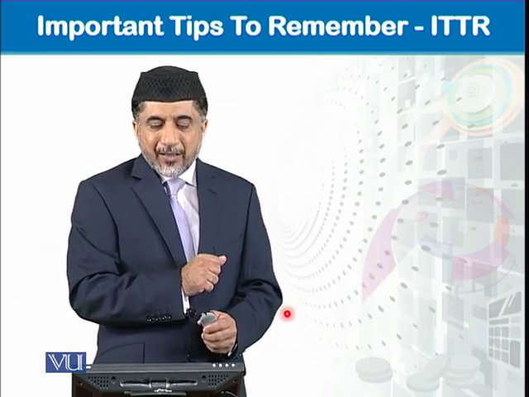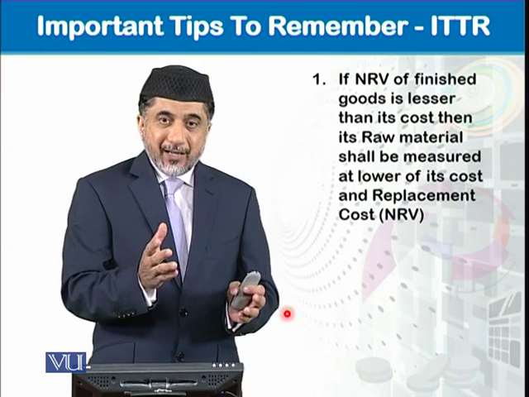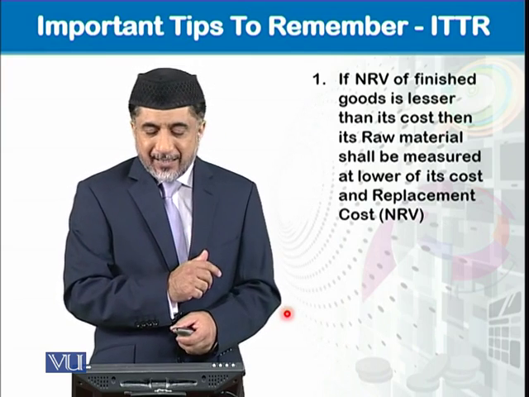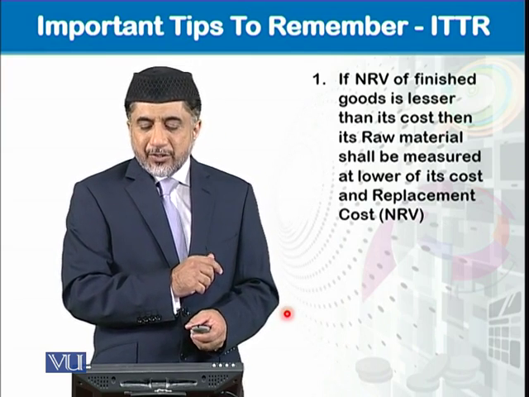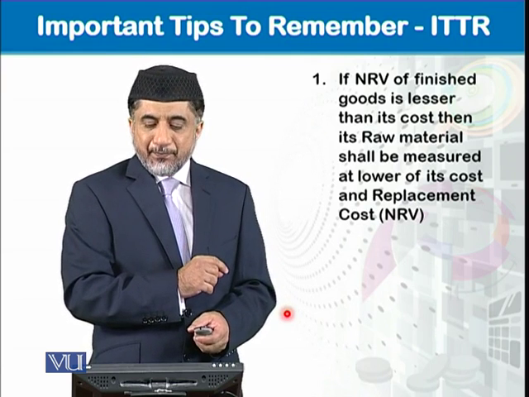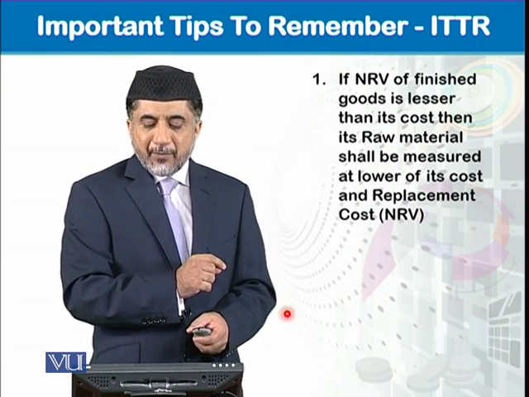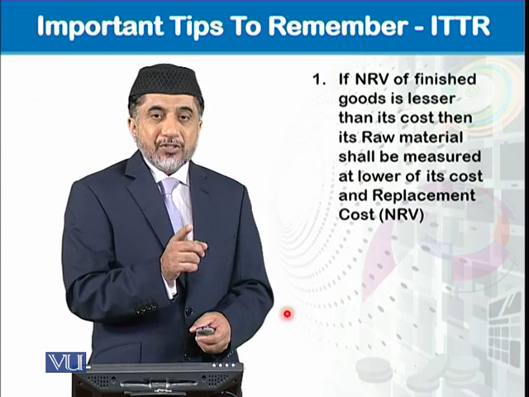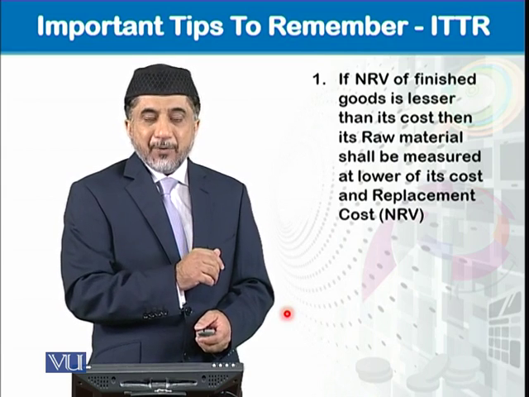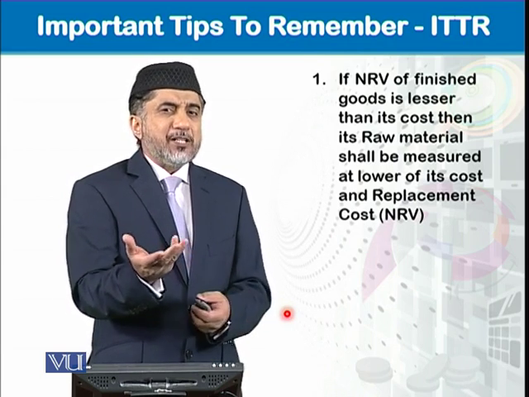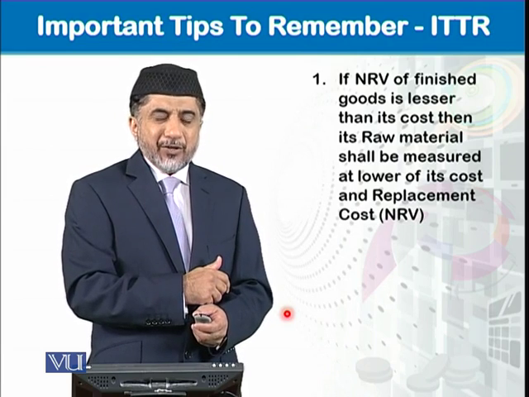The important tips to remember are that, as we have already emphasized, if the NRV of finished goods is lesser than its cost, then its raw material shall be measured at the lower of its cost and replacement cost. This replacement cost is the net realizable value, in fact.